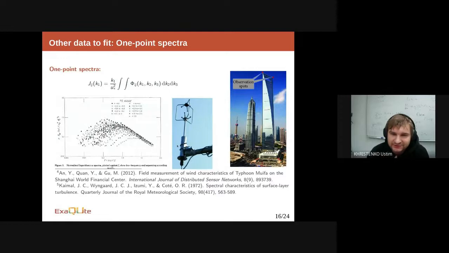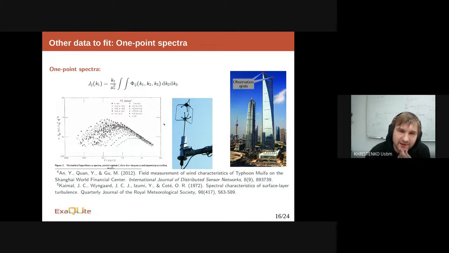But the Reynolds stress is just the marginal variance of the field. What if we consider richer statistical descriptors? We still need some experimental data to fit the model. One such descriptor for which data is available is the one-point spectra.